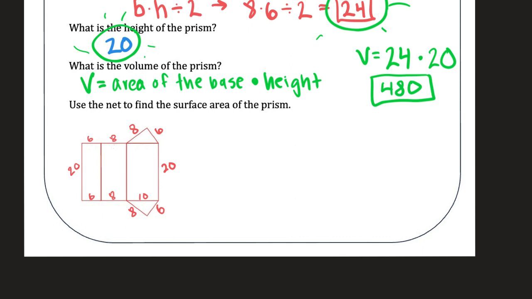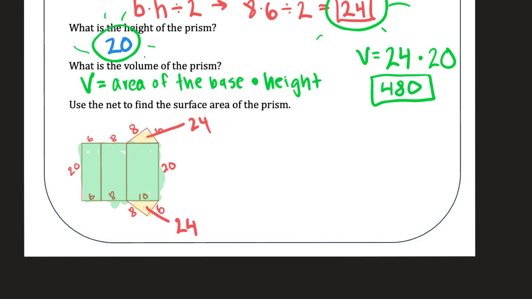So that means we need to find the area of the base, and then we're going to take this giant rectangle and find that area and add all of the areas together. We already know the area of the base, so that's the great part. We already found the area of the base was 24. So we've got here 24, and this area of this base is also 24.